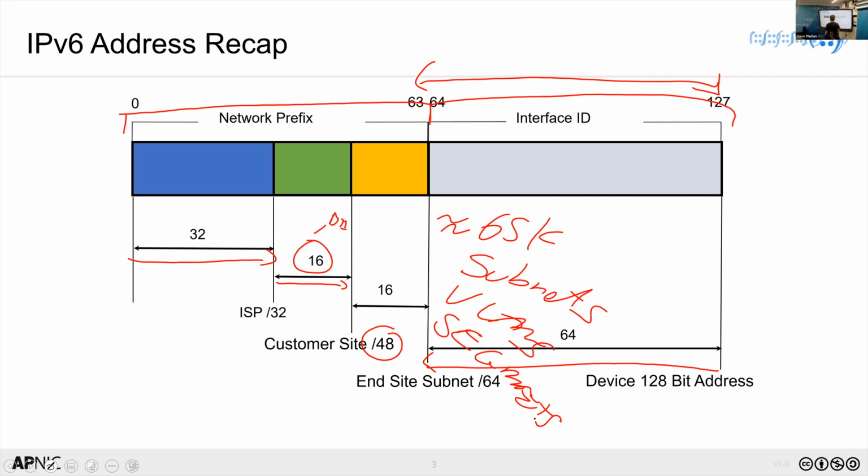Each network segment or subnet is a /64. Out on the internet, when we're routing, we do not route anything more specific than a /48. We'll talk more about that in a second.